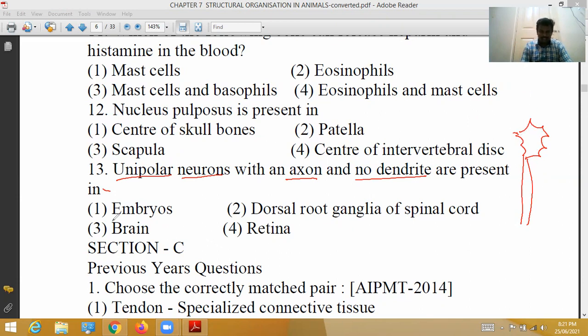Dendrites are absent. That is found in embryos. Dorsal root ganglia of spinal cord, actually we cannot find unipolar neurons there. Brain, we cannot find. Retina, we cannot find. We will find these kinds of neurons only in embryos. Option 1 is the correct option. Okay, that's all. Thank you.